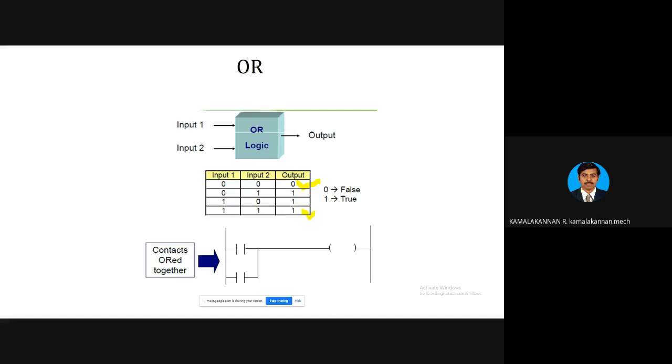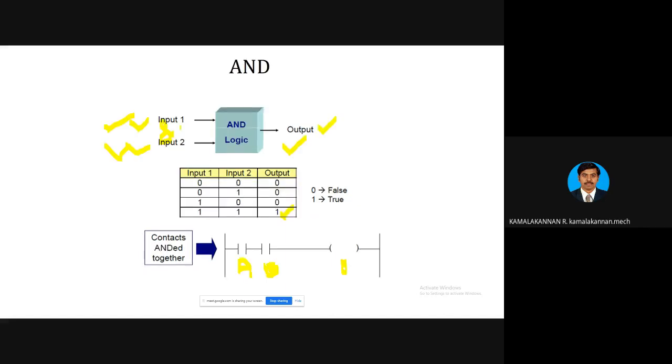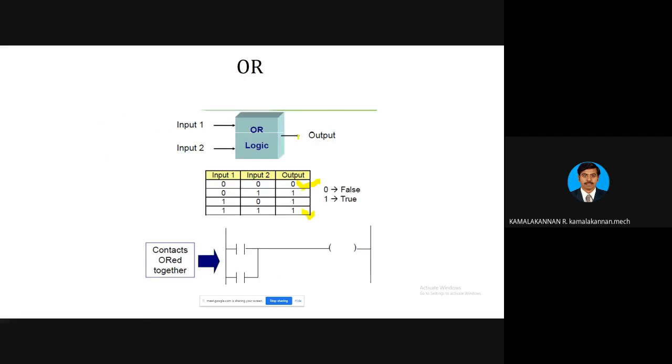So in the AND gate, if you get a signal in both 1 and 2, it will be processed and give you output. But when you take the OR gate, it will be processed when you have either one input, and also when you get both signals, you get an output.